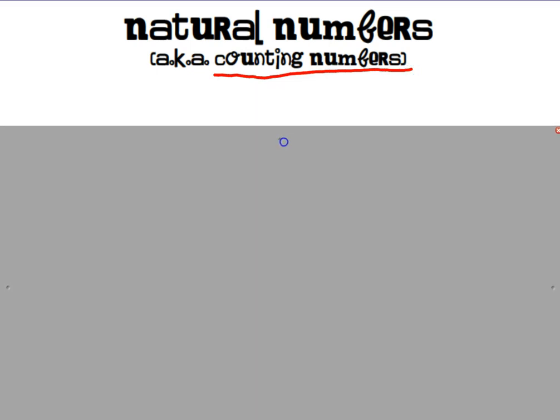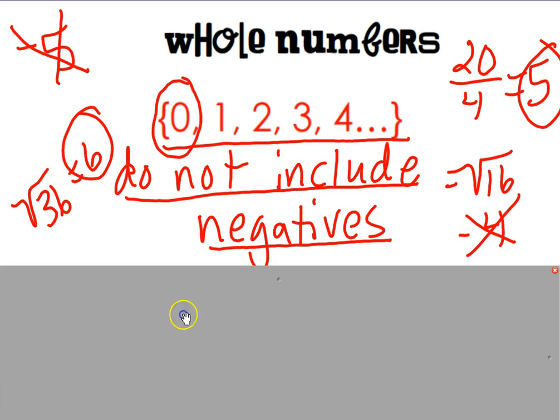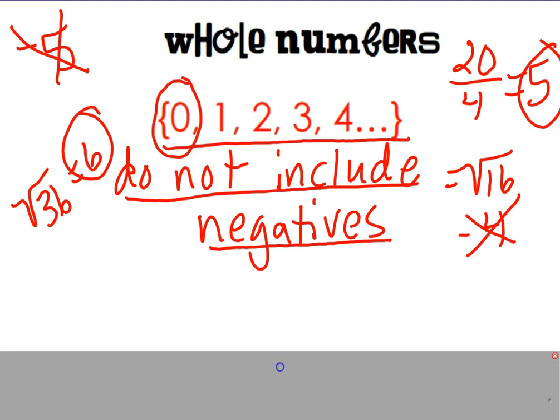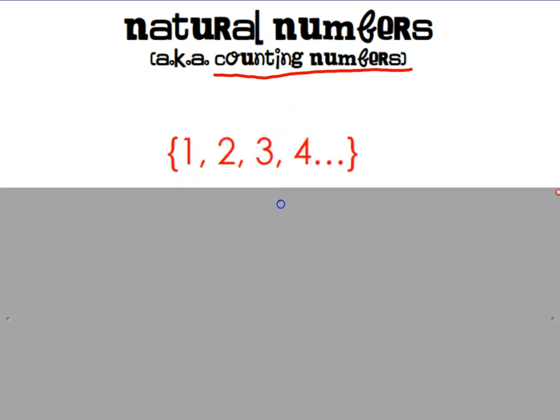All right, so let's take a look at what happened here. We had that list of -3, -2, -1, 0, 1, 2, 3. We had the negatives, and then when we went down to whole numbers, we got rid of the negative numbers, but we included 0. And now for a number to be considered natural, look what happens. 0's gone.